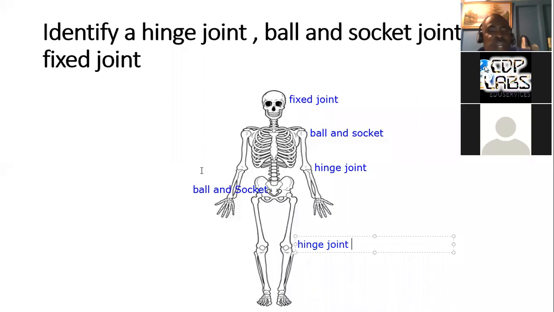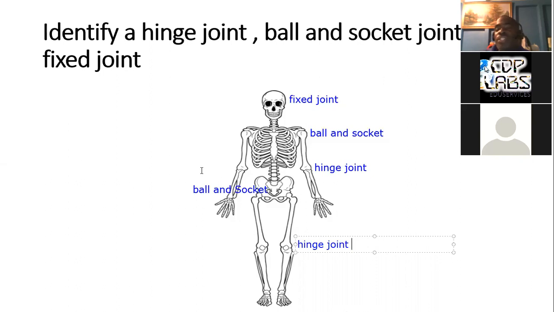Is there anywhere else on the skeleton you would find a fixed joint? Nobody can tell me? Anywhere? All right. Anybody else? All right, I am going to guess.